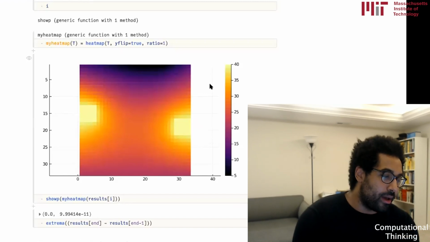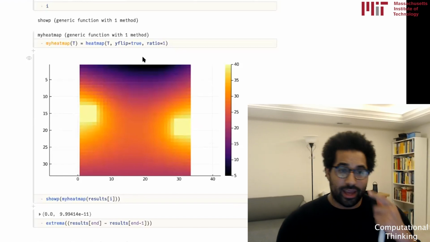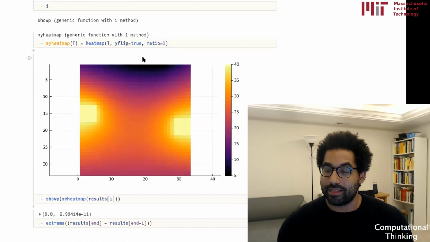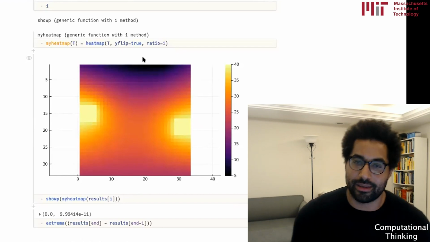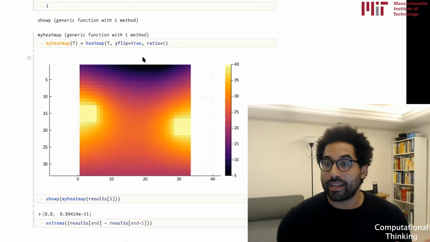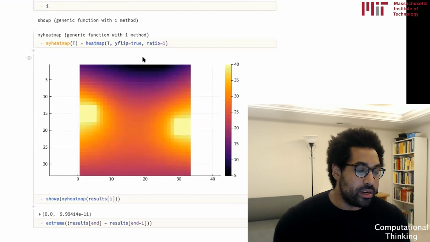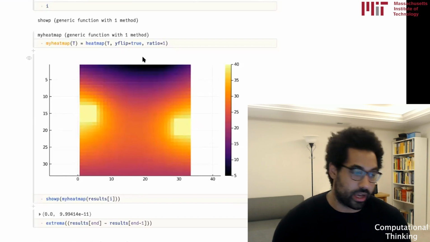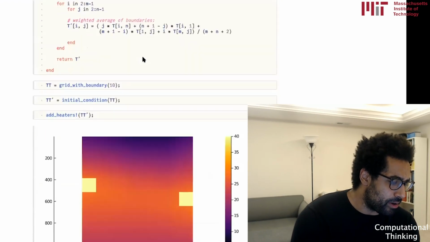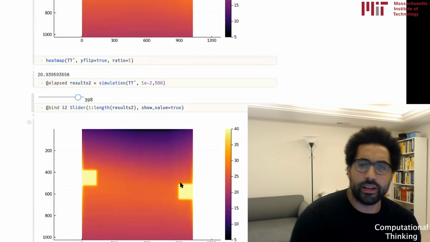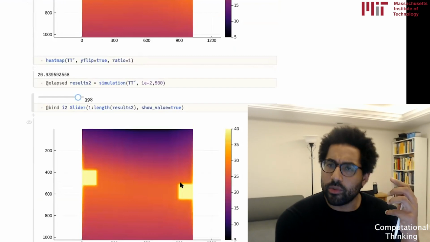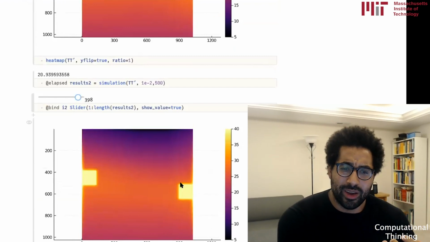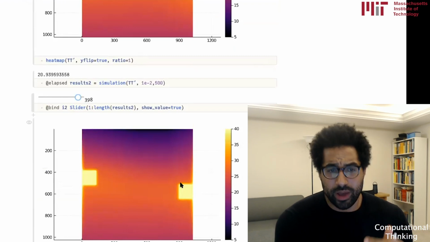Because we know that this is the exact solution on our coarse grid, and that this coarse grid approximates our continuous solution, albeit not as well as an exact solution on the fine grid would, we know this is roughly what the exact solution on any fine grid should look like. But the problem is that after 400 iterations of Jacobi on our 1000 by 1000 grid, we're really a long way away from there.